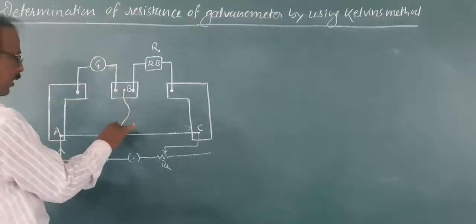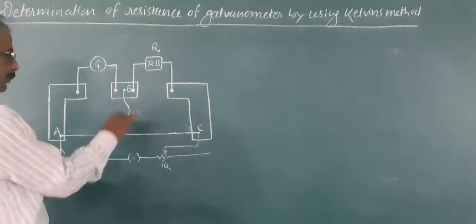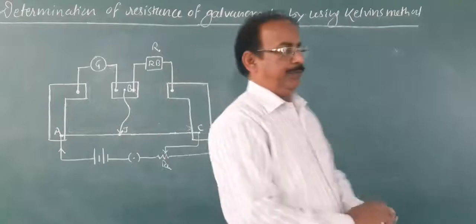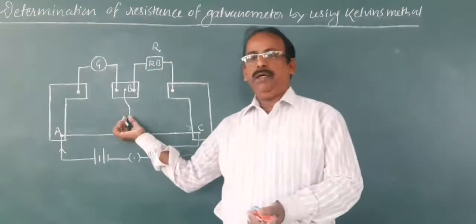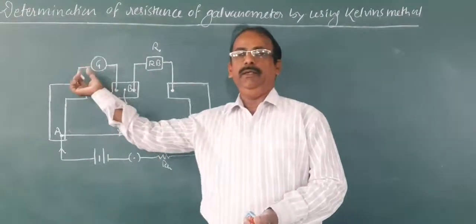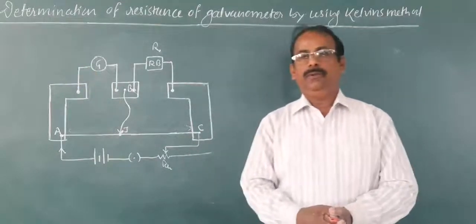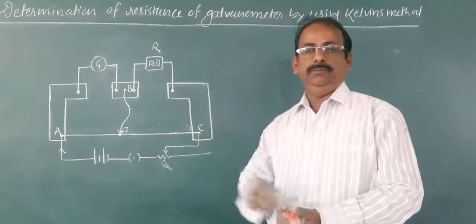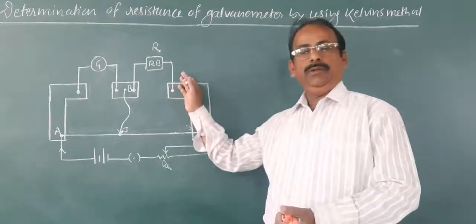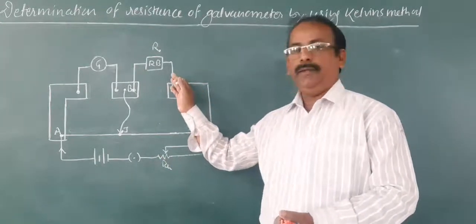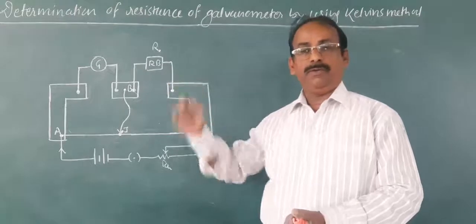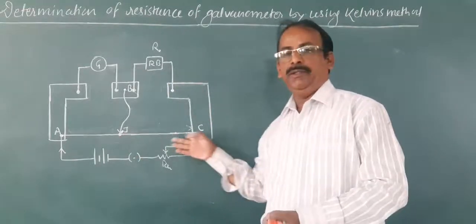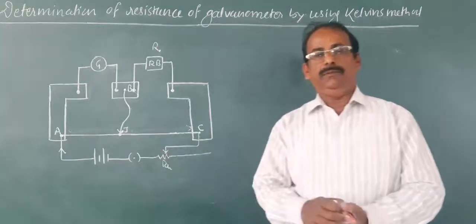There is a connecting wire only between terminal B and jockey J. Other things are the same. In the right gap, there is a resistance box. This is the jockey, which is present on this conducting wire.